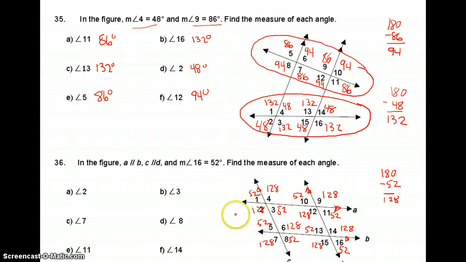Let's fill them in. 2 right here, 128 degrees. 7 over here is also 128 degrees. 11 over here is 52. 3 is 52. 8 is 52. 14 is 128. And that's the way to do that one.